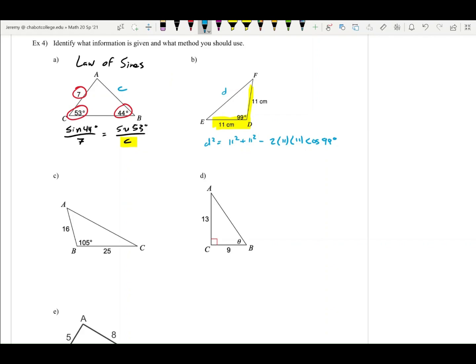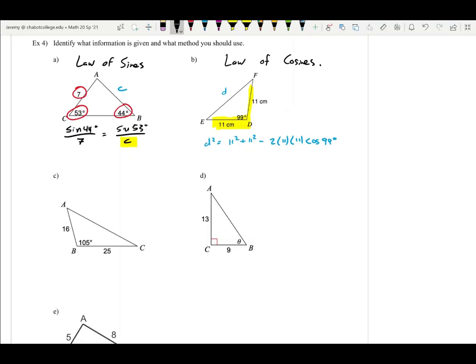Okay, so this is a problem where I could get things rolling by solving for that side length there using law of cosines. Or if you want to take the longer route where you're not quite on your game, you could still figure out eventually that it's law of cosines.